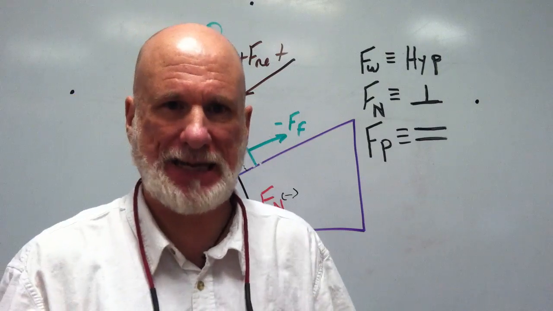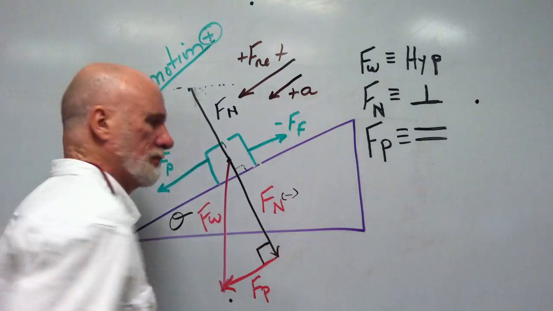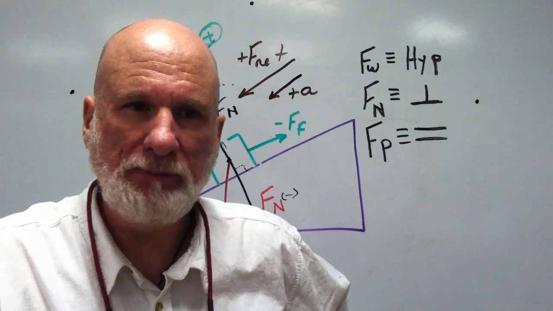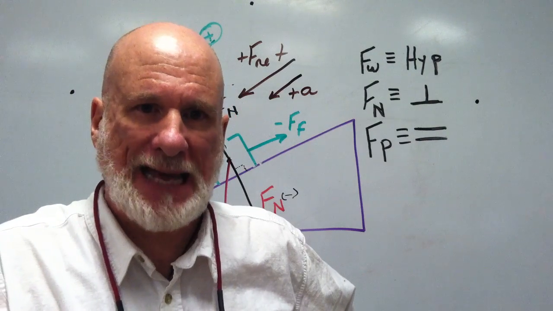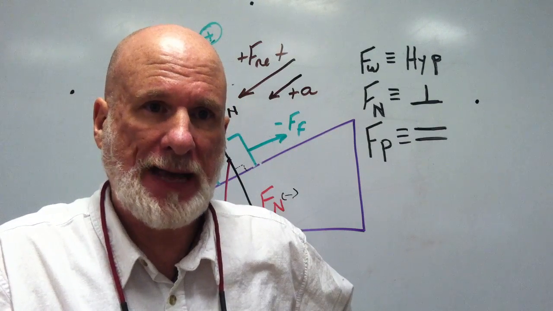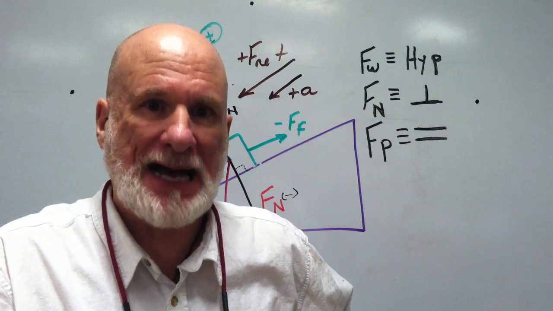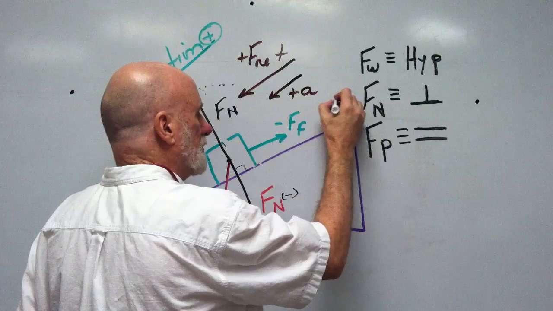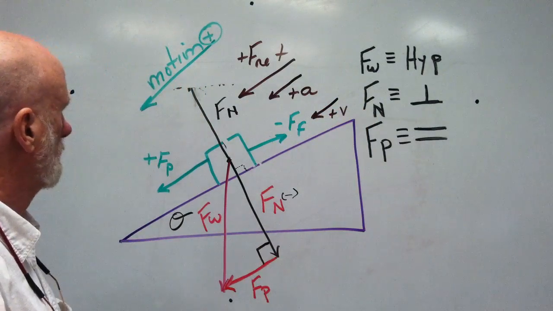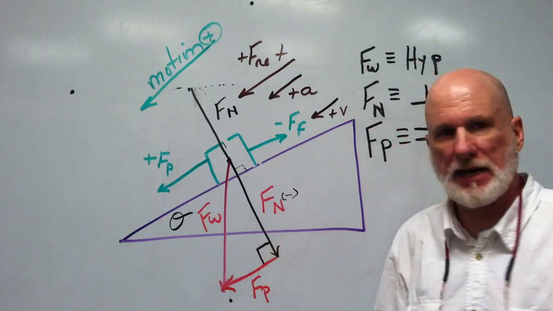That's positive acceleration. Easy? Now, given time and v equals at, v is also another vector, and that's going down as well. And you're going to have a positive velocity. That's it. That's your free body diagram.